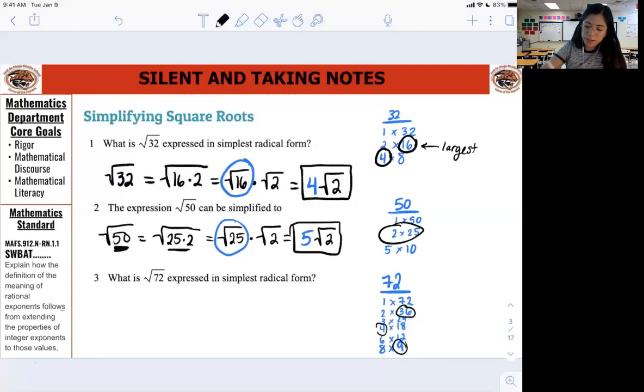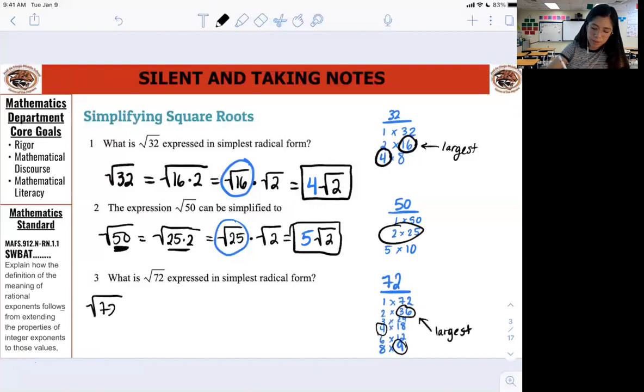Not 24, because you can't take the square root of 24 and get a nice whole number. It would be about 4.9. Okay, so then again, you pick the largest one. Always go with the biggest one. And then we can go ahead and do the problem.